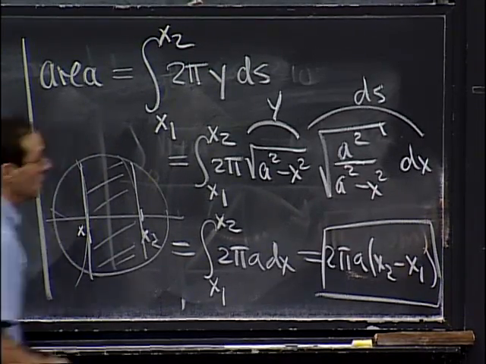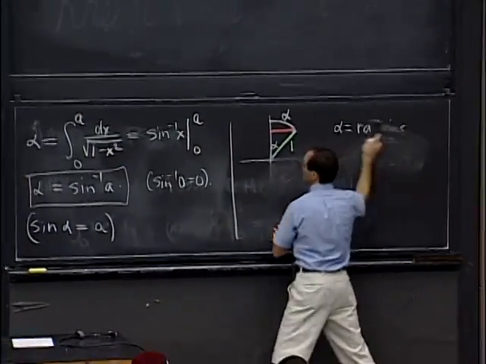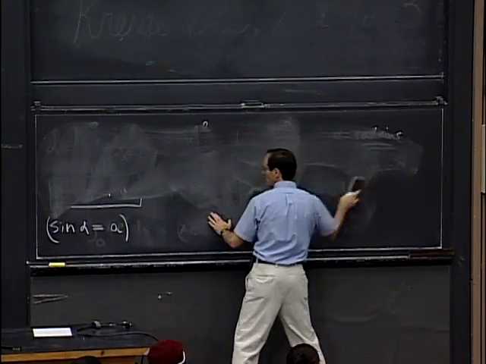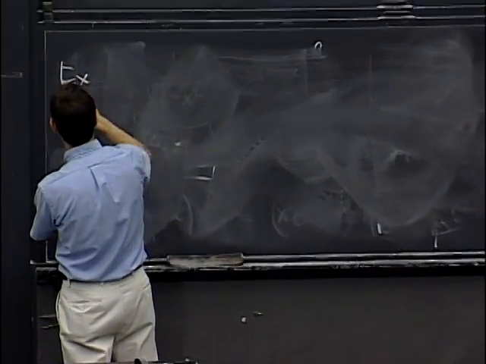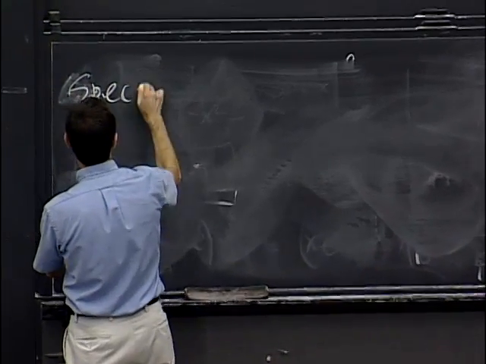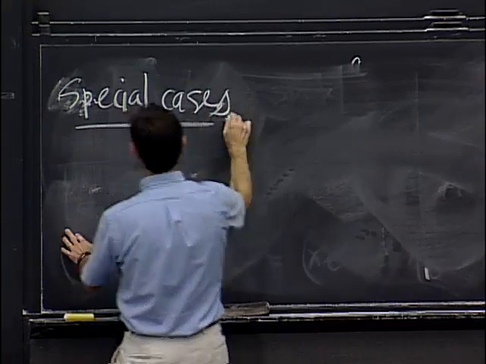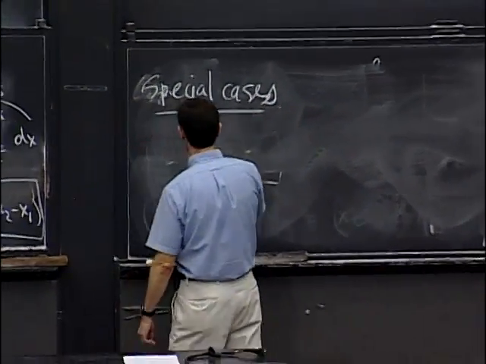All right, let's check this in a couple of examples and then see what it's saying geometrically a little bit. One special case that you should always check when you have a nice formula like this, but really with anything, is to make sure that you've got the right answer.